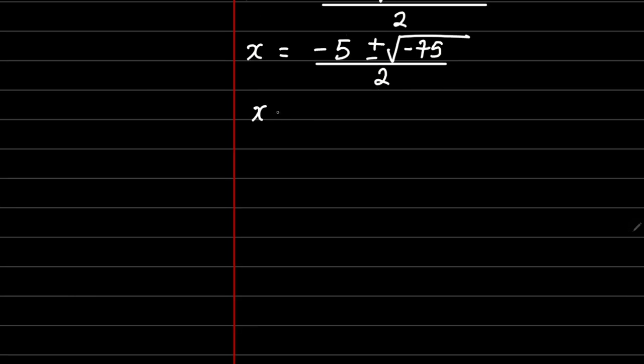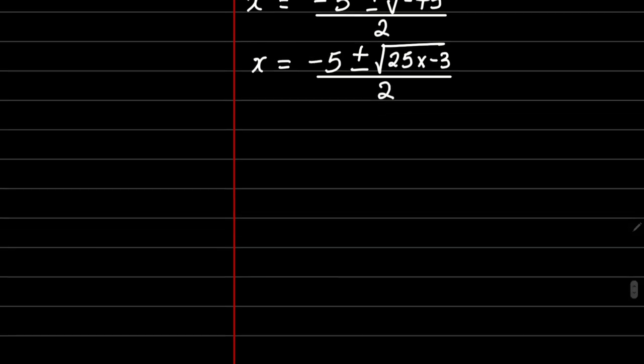Now this is x is equals to minus 5, then plus minus. Now watch me and watch me well. Do you know I can write this as 25 times minus 3? Yes, I can do that. Now this is all over 2.